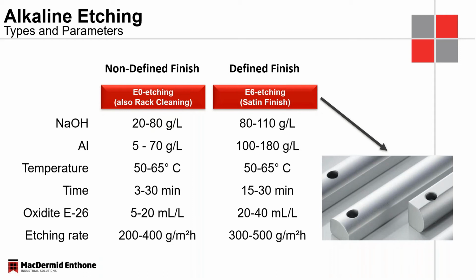So it's very important that we analyze for the sodium hydroxide, the aluminum content, and very much the etching additives as well. Not everyone is actually able to analyze for these etching additives.